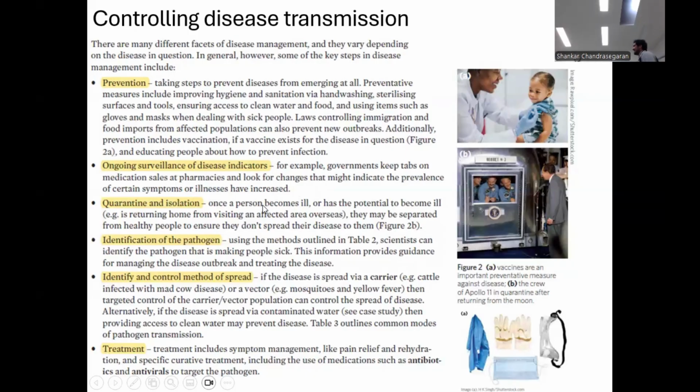Next is quarantine and isolation. Obviously, this method is something everyone is familiar with. For example, when I went back home during the COVID pandemic, I had to quarantine at a hotel for 14 days. Back then we were still learning a lot about COVID. Now we know that around 5 days of isolation should be good for you to go back into society.